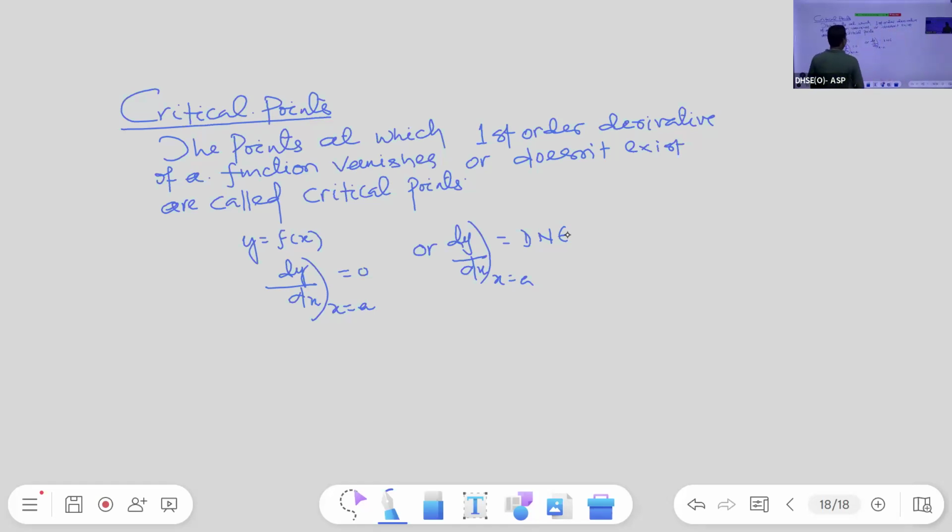So a critical point of a function may be the point of local maximum or the point of local minimum or neither of the two.